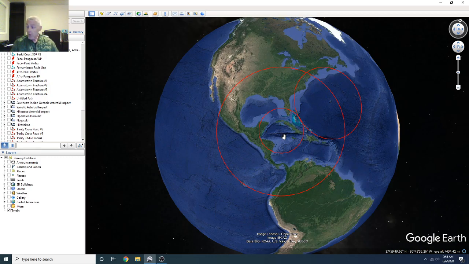Now, was it a 16-hour Earth day 3.3 billion years ago? Or was it a 16-hour Earth day less than 1 billion years ago? So the point is, we get the dates on these impactors.